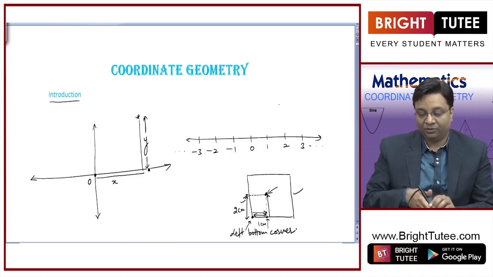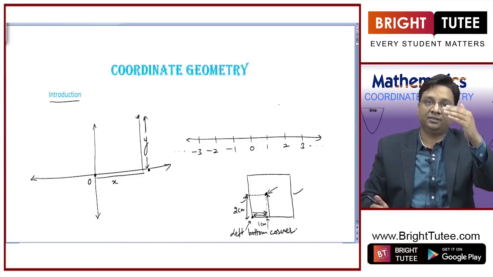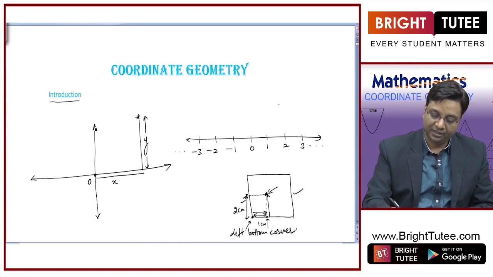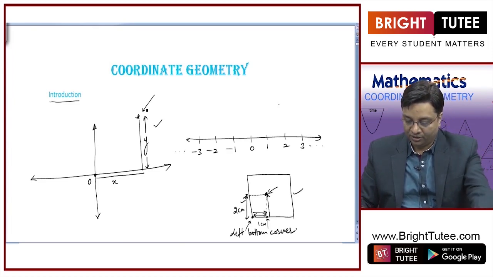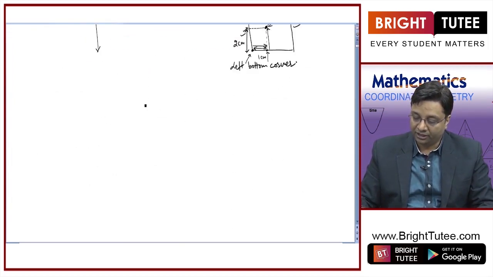You have to go x units to the right and then y units above, right? Y units upwards in this case, then you can reach this location exactly, right? So this is what we are going to study in this chapter of coordinate geometry, right?